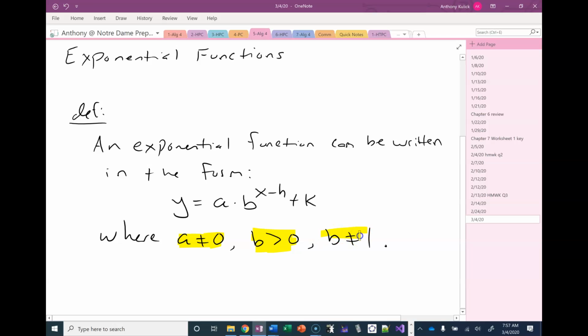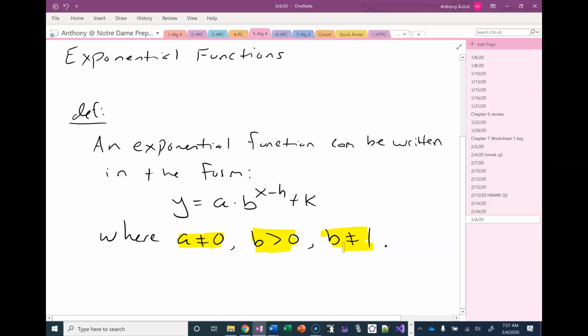Okay. And the last requirement is that the value for b cannot be 1. Why do we have that requirement? Harley? Oh, we can take the square root of 1. The square root of 1 is just 1, though. And in fact, what is 1 to any power going to be? 1.